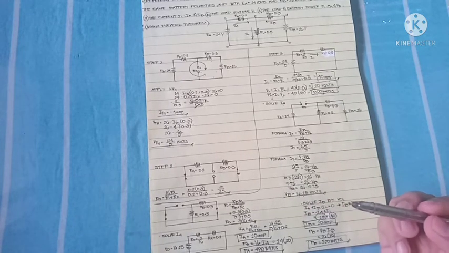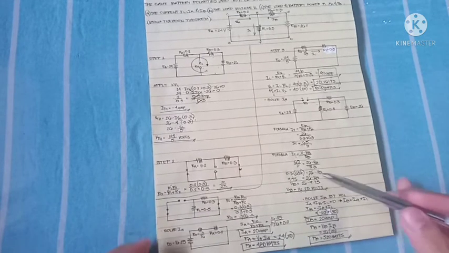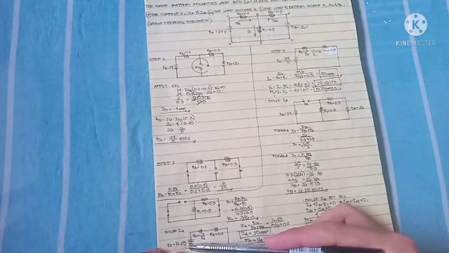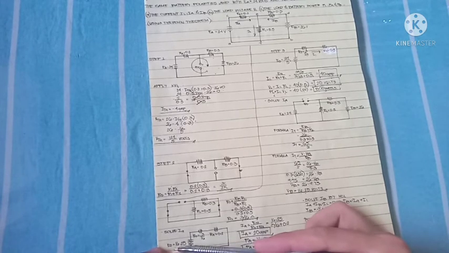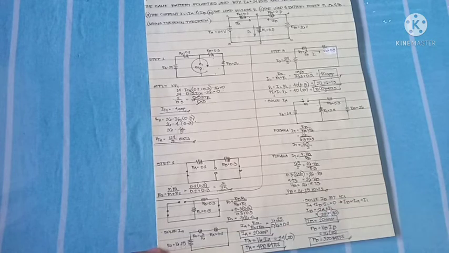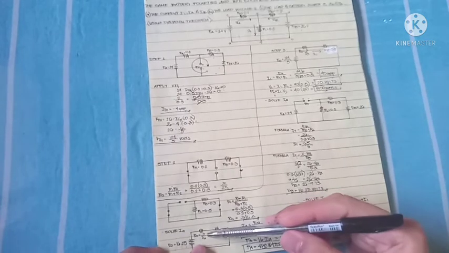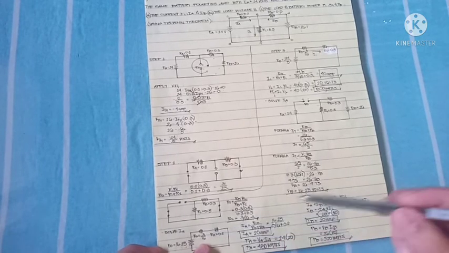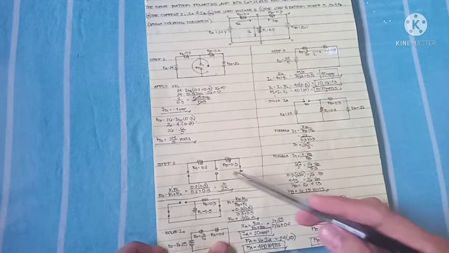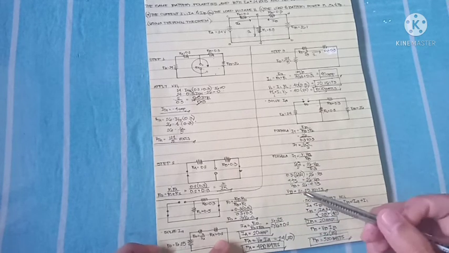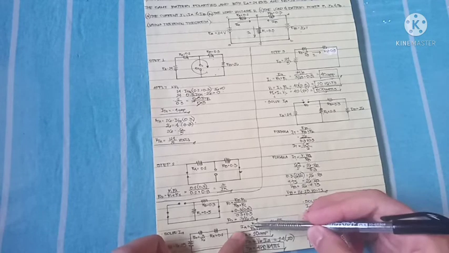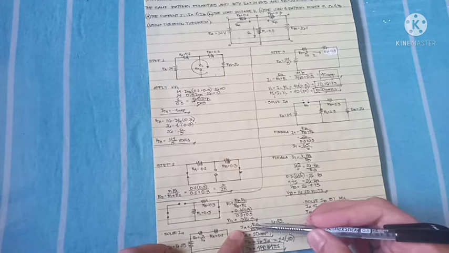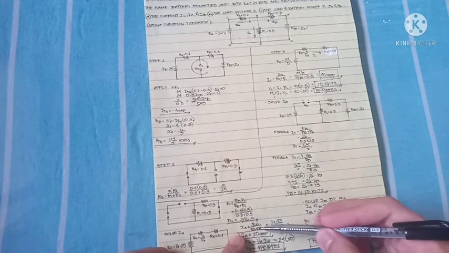Now we can solve IA. Eth is equal to 16.25, the Thevenin resistance is equal to 3 over 16, and our RA is equal to 0.2 ohms. To solve IA, IA is equal to Eth over Rth plus RA.